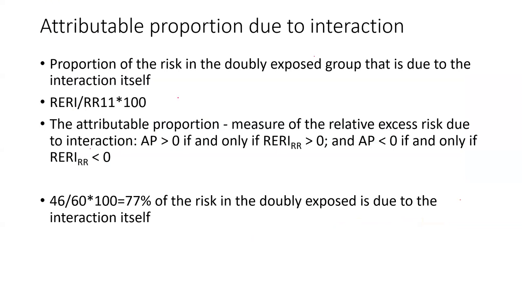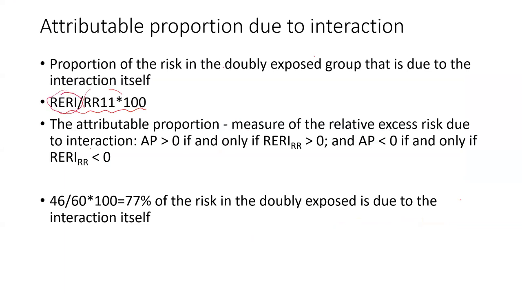Another calculation which is done is the attributable proportion due to interaction. Now what is this attributable proportion due to interaction? Out of the total risk which is there, this is the proportion of the risk which is attributable to the interaction per se.